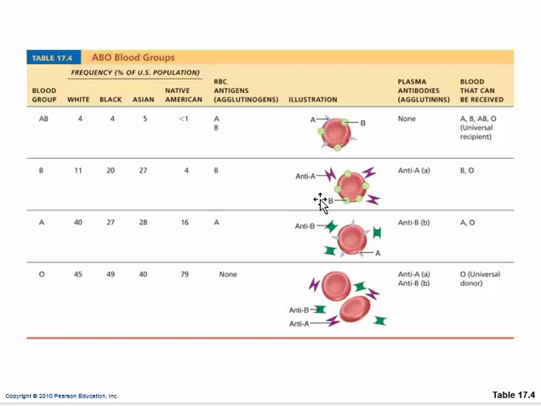Type B blood has B antigens, anti-A antibodies. Type A has anti-B antibodies, A antigens, and O has zero antigens, both antibodies. So when you start to pull this together, this means that when you transfuse, if you are given type A blood, there are no anti-A's to attack it.